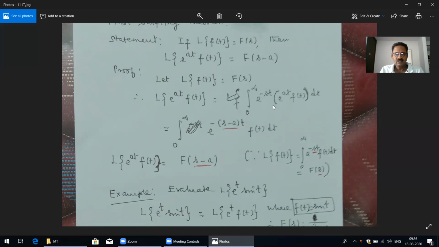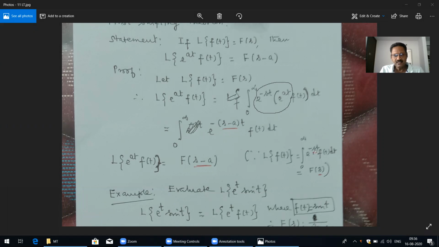You understand? We have to combine these two terms as the integral from 0 to infinity of e power minus (s minus a) into t, f of t into dt.